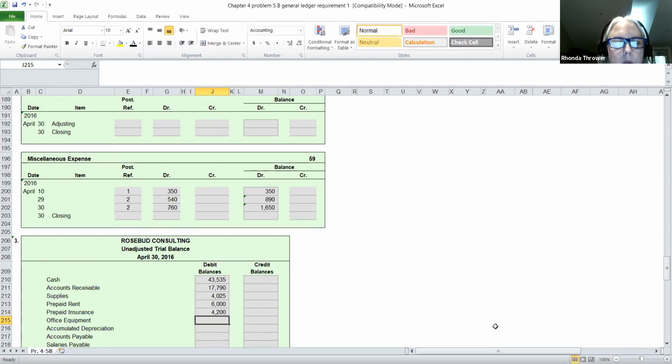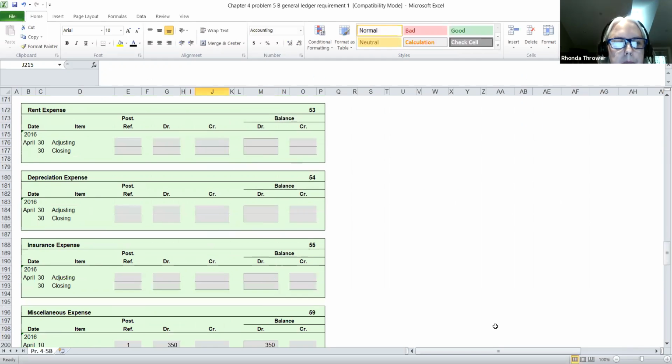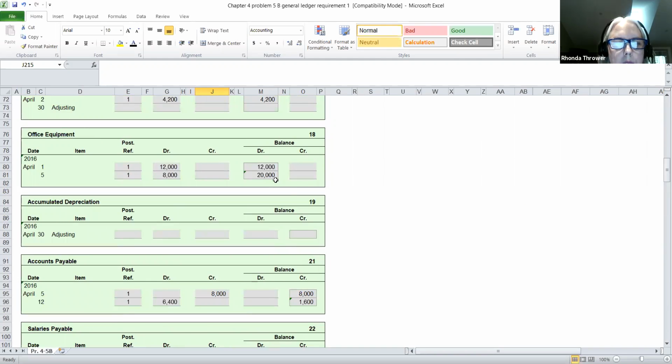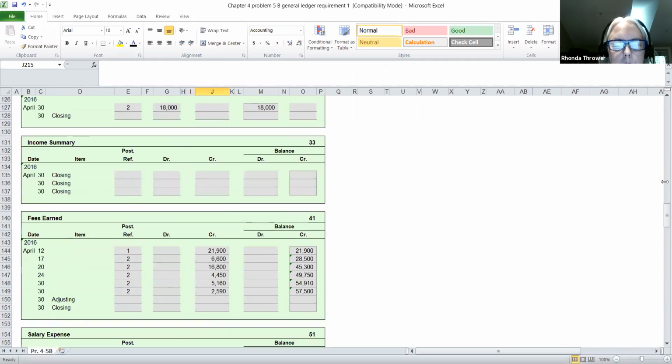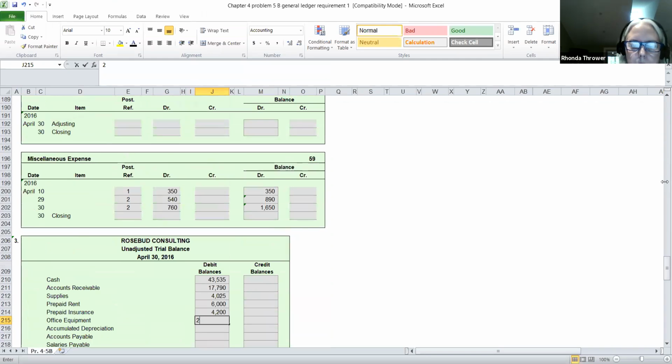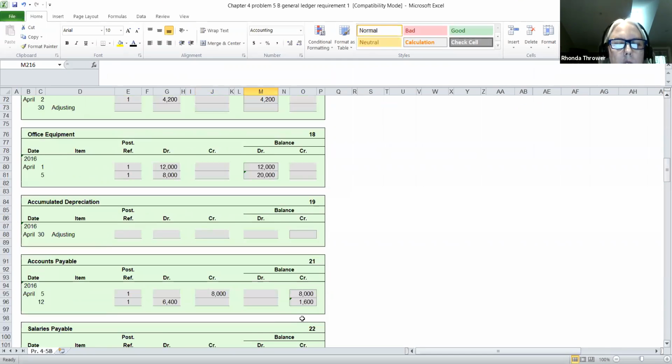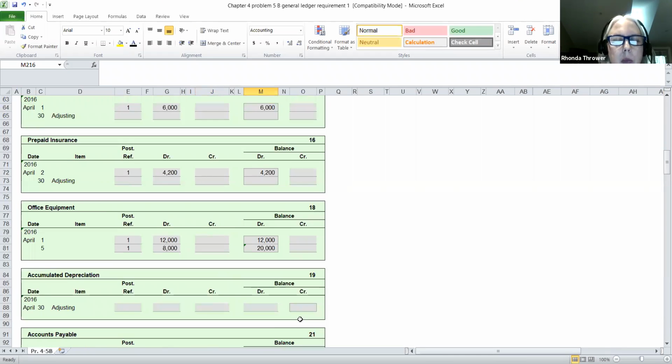And I'm going to look for my balance in my office equipment. It's $20,000. Then I'm going to look for my balance in accumulated depreciation, and notice it doesn't have a balance yet.